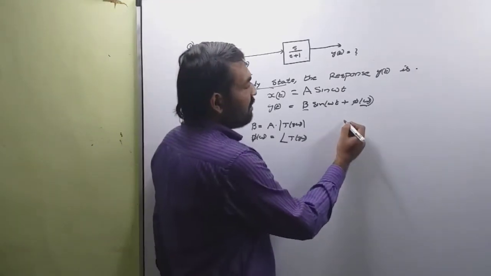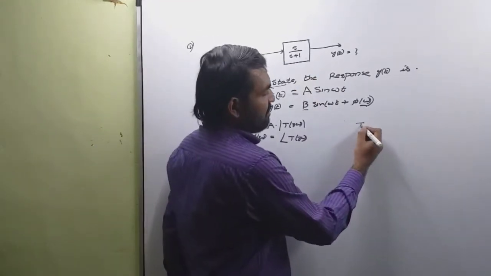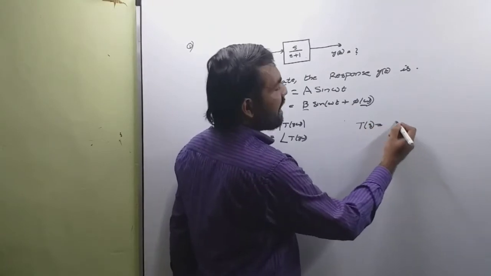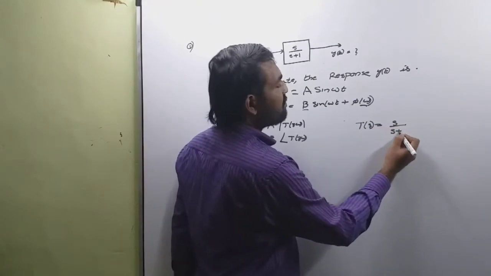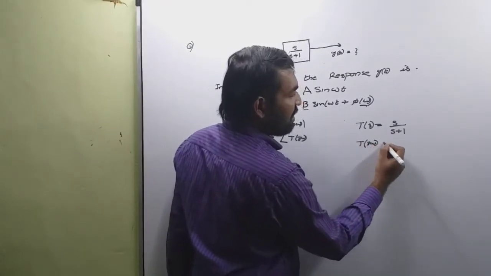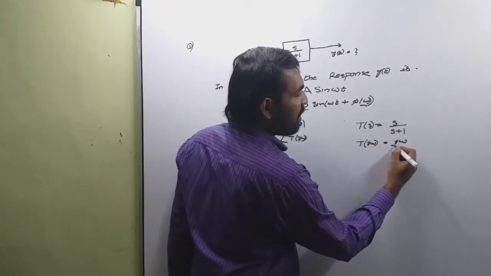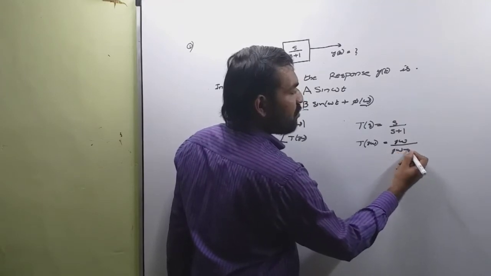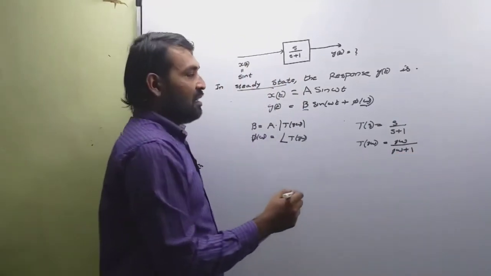Now here T of s is given as s divided by s plus 1. So T of j omega is equal to j omega divided by j omega plus 1.